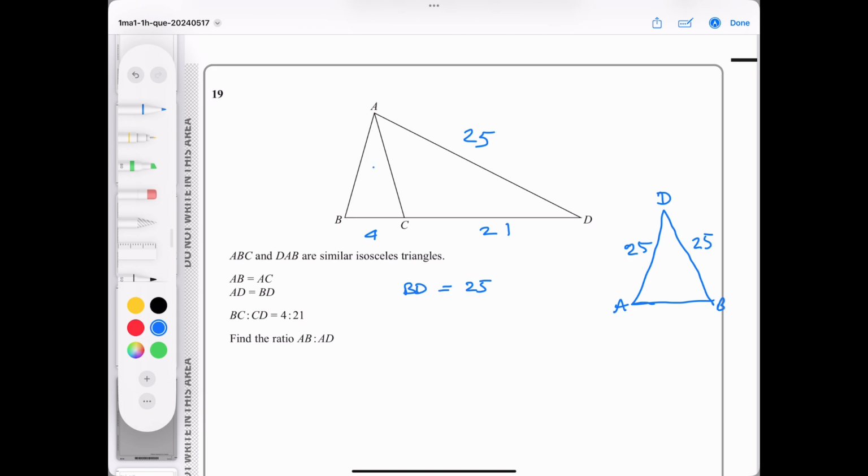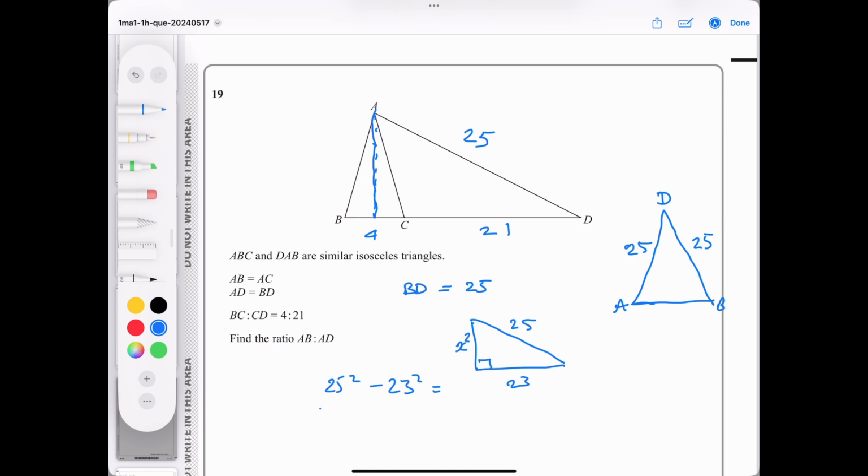Could cut that into maybe 2. Oh, I could. Actually, this is how to do it, I think. So if I chop that down the middle, that does give me some more information. That then makes this, so I can make a little right-angled triangle. So that's 25. That is 23. I think to find this would be 25 squared minus 23 squared equals x squared.